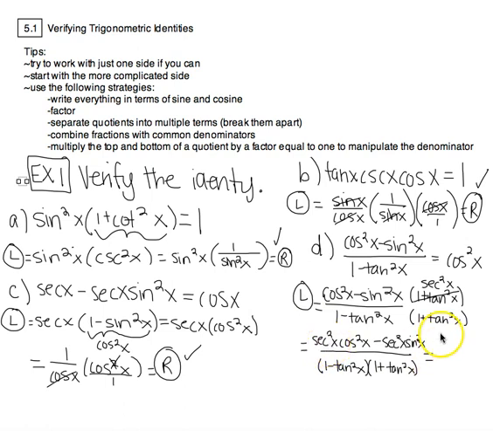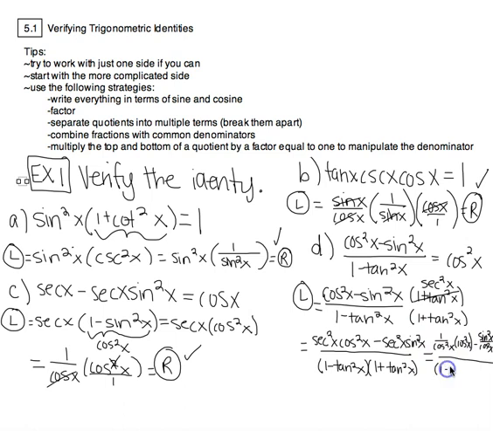That means this is really 1 over cosine squared times cosine squared, and then minus sine squared over cosine squared. Because again, secant squared is 1 over cosine squared. So the cosine squared goes in the denominator. The sine squared that we were multiplying by goes in the numerator.